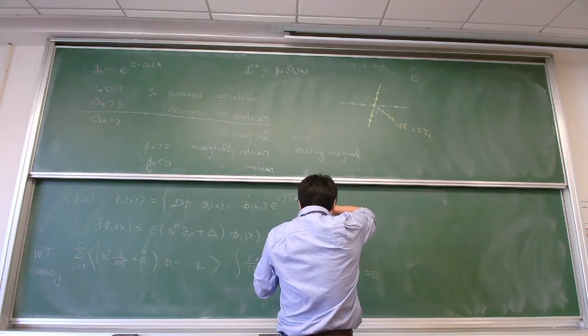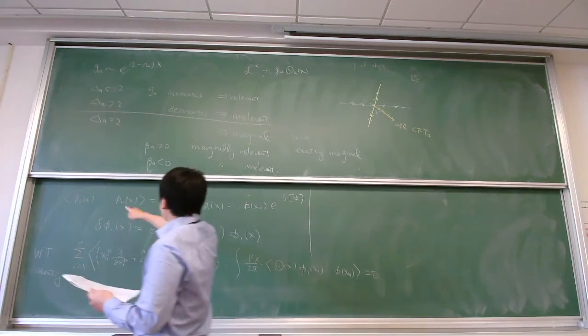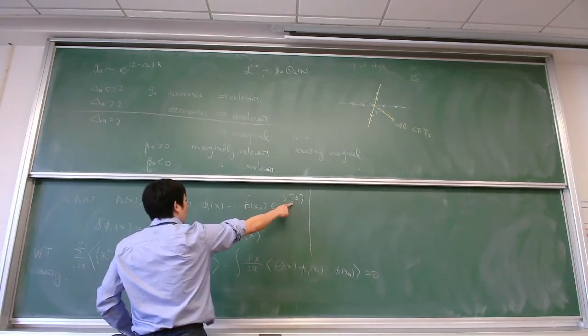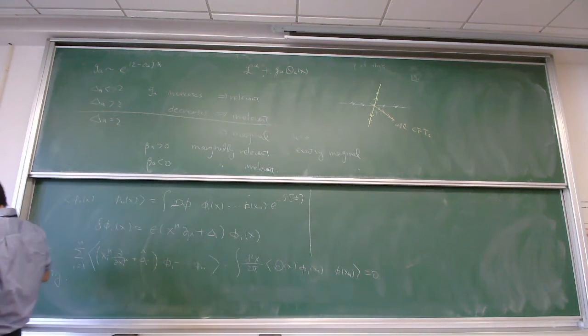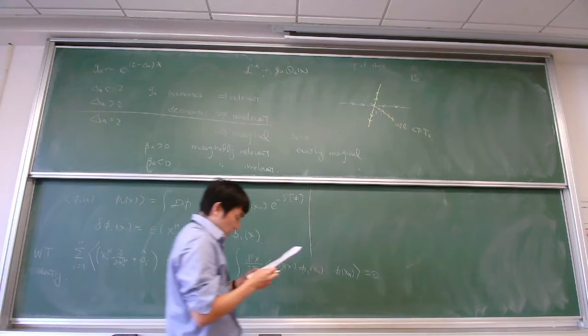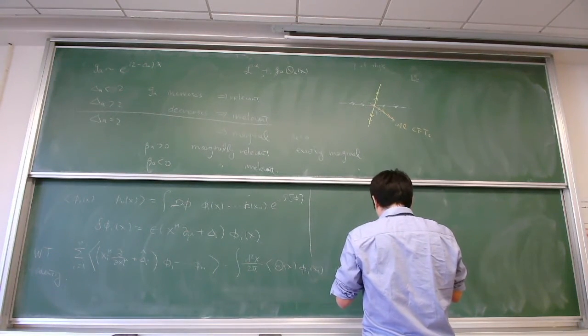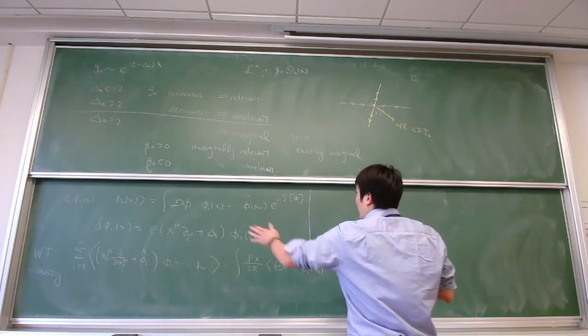Let's consider the following. The correlation function, of course, depends on the action S, which depends on the coupling constant. Therefore the correlation function depends on the coupling constant, and we want to measure how it behaves under a change of coupling constant.